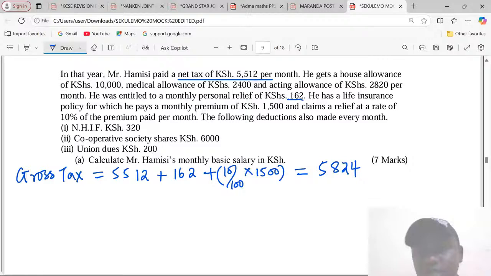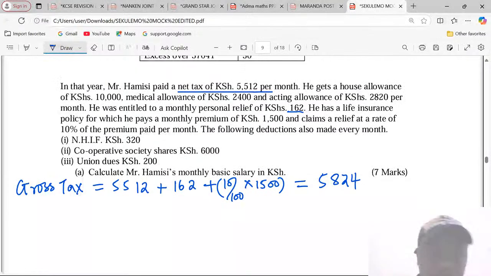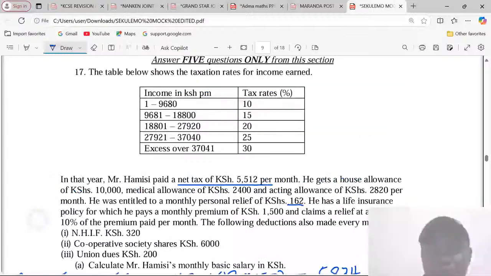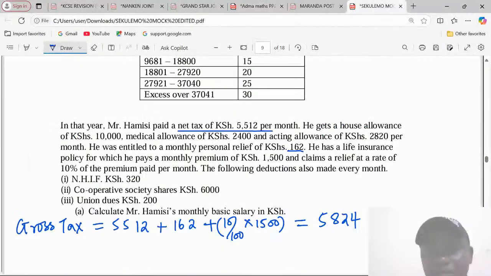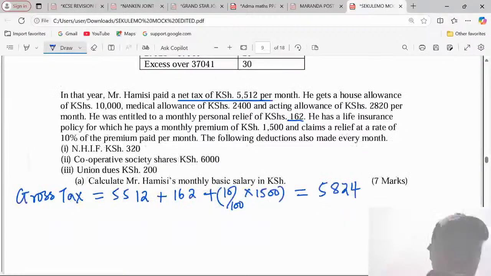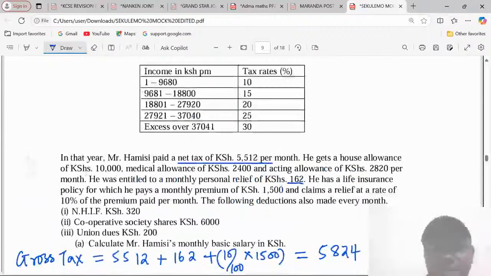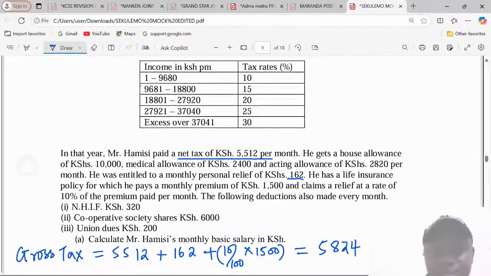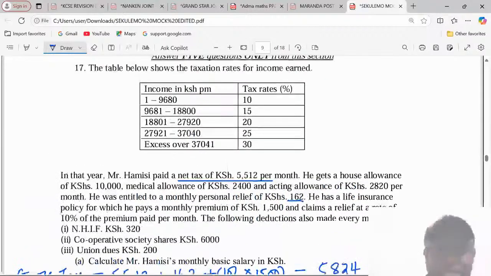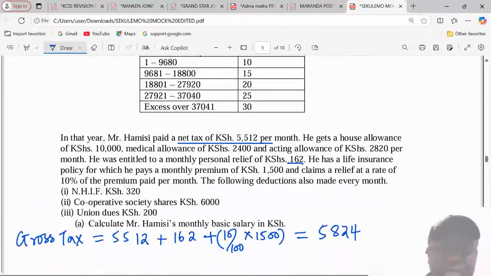So the gross tax payable by Mr. and Mrs. is 5,824. Now we're going to tax a known amount until we arrive at 5,824. So the first taxable income is 9,680.